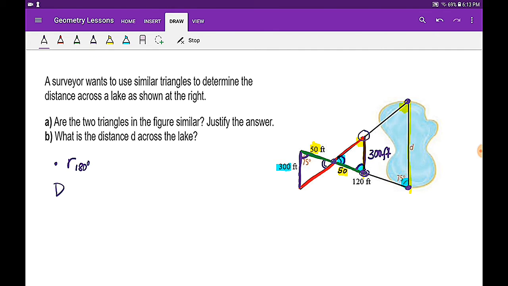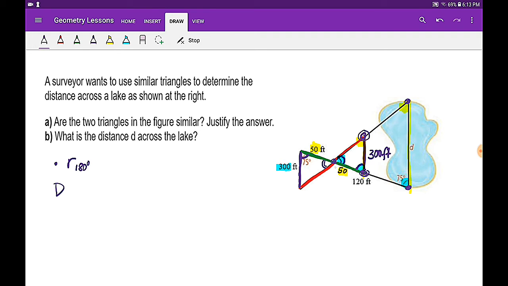A dilation. Now the thing is, we have to identify the scale factor. Remember, the scale factor is the ratio between the length of the image to the side length of the pre-image. In this case, we have two available measurements that we definitely know for sure.